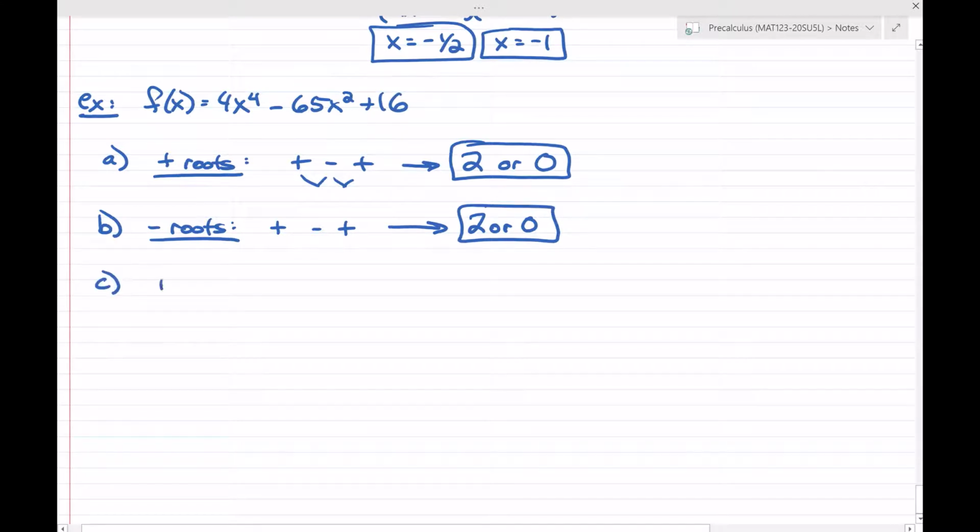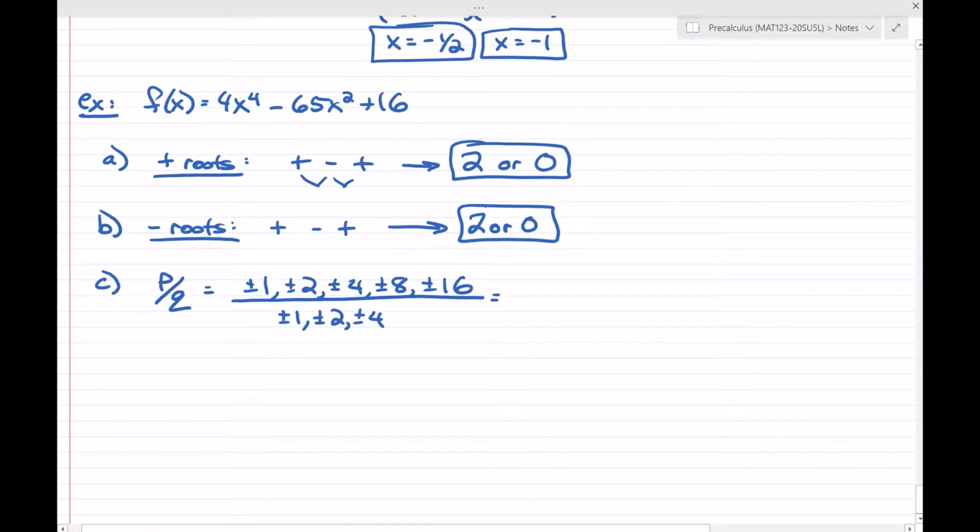For our p over q, factors of 16 would be 1, 2, 4, 8, and 16. Factors of 4 would be 1, 2, and 4. So let's write all of the top over all of the bottom. Now there might be some duplicates and we don't have to write it twice.